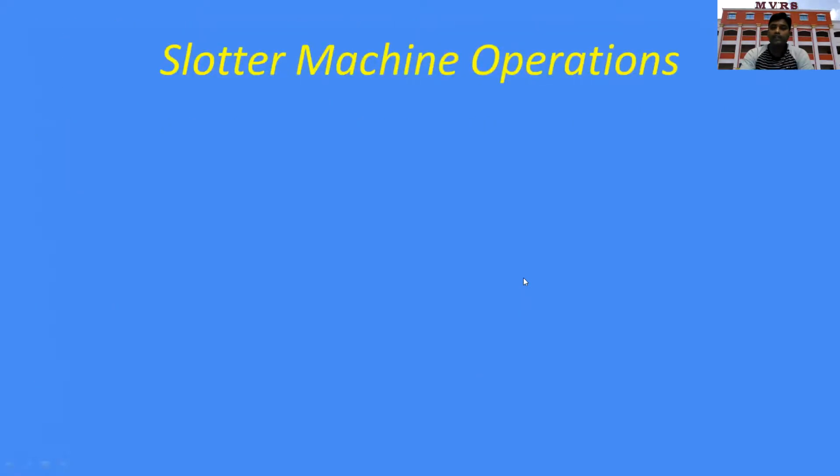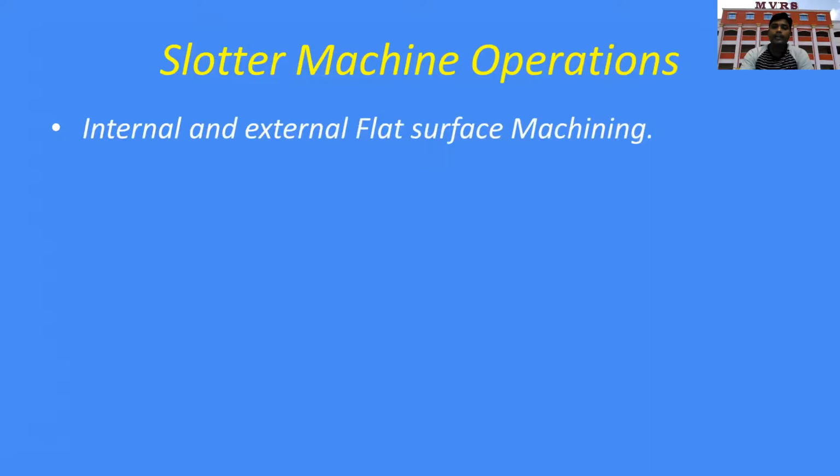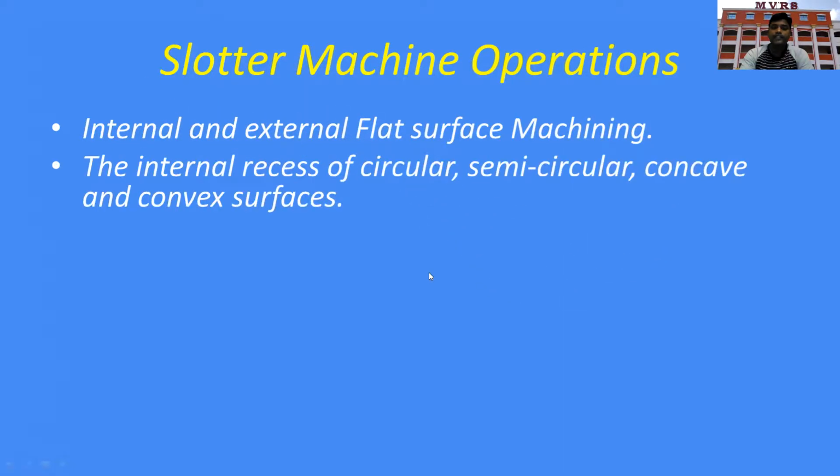Now, what are the different operations that a slotting machine can perform? The first is internal and external flat surface machining. Next is internal machining of circular, semicircular, concave and convex surfaces.